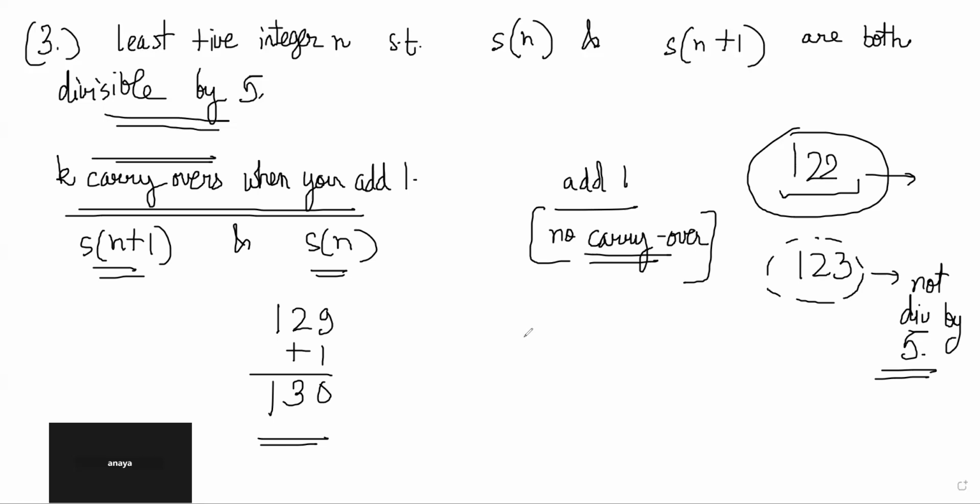So let's say you have some k digits as 9, the last k digits. The remaining digits could be stuff that doesn't get carryover or not. So it could be any set of numbers here, but it should be such that when 1 is added, it doesn't carry over after that, right?